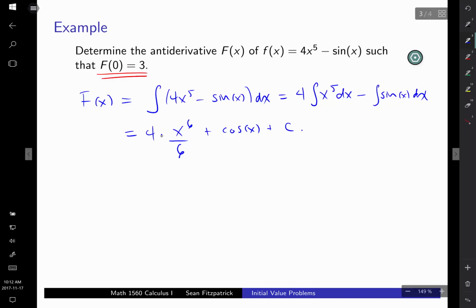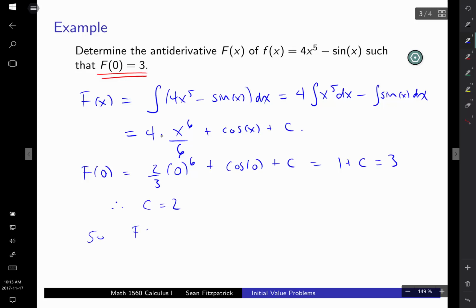But now I can figure out that constant because f of 0 is going to be, so 4 over 6 is 2/3, times 0 to the 6, plus cos of 0, plus c. So that is 0, cos of 0 is 1, plus c, and I want that to equal 3. Okay, well, there's only one value of c that's going to work there. It's got to be c equals 2.